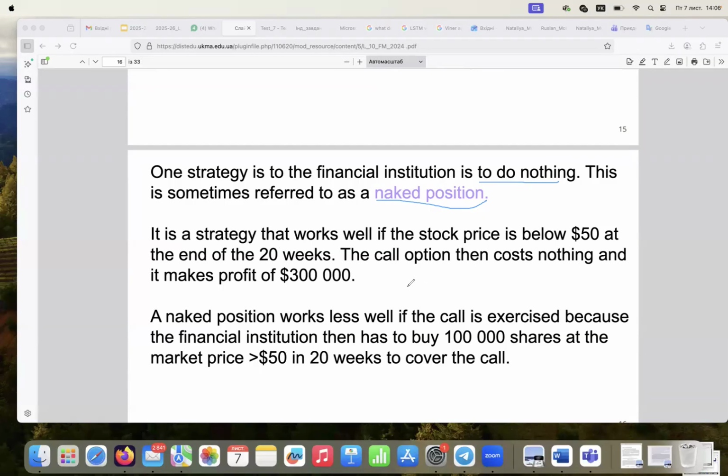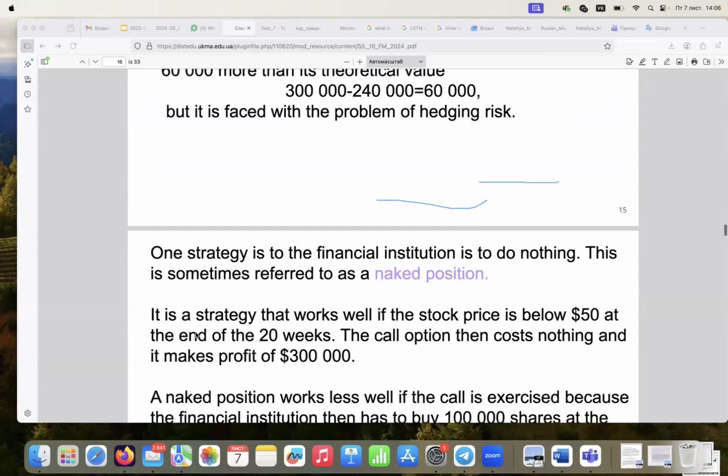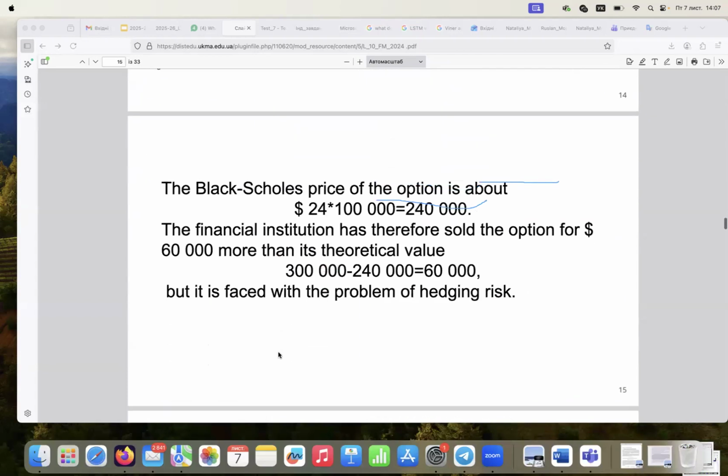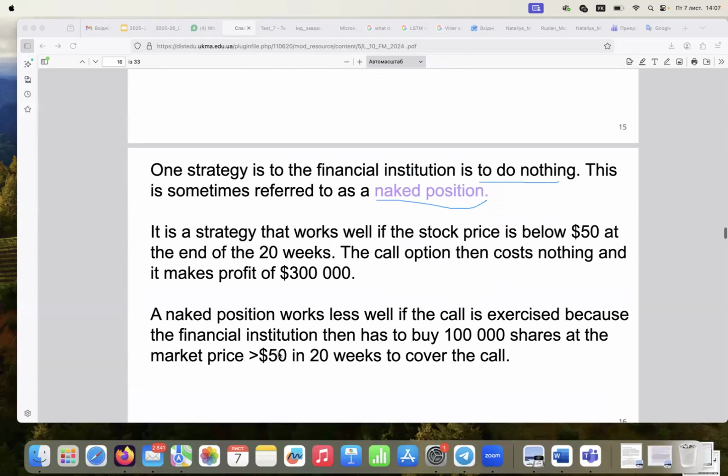So today the stock price is 49 and K is 50. So it's about a call option.